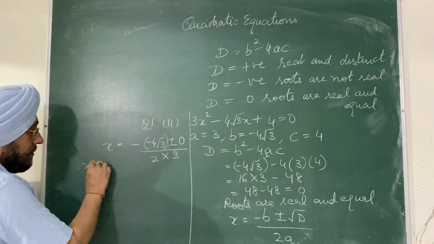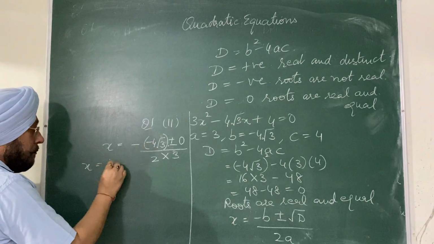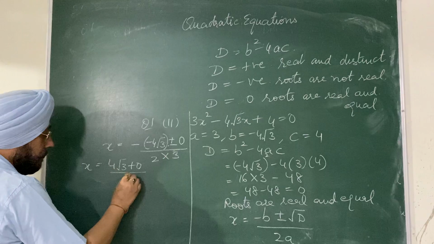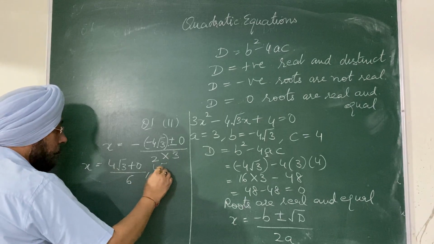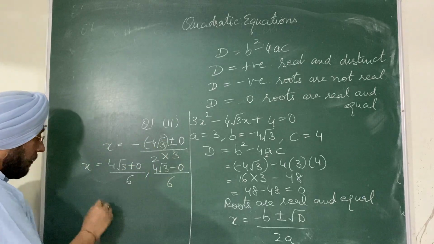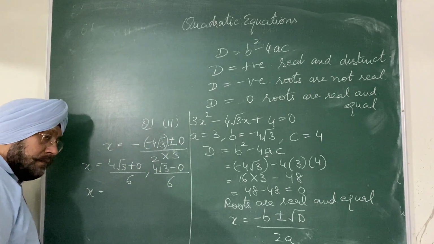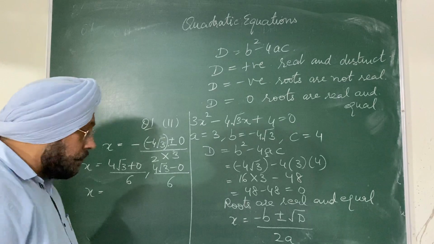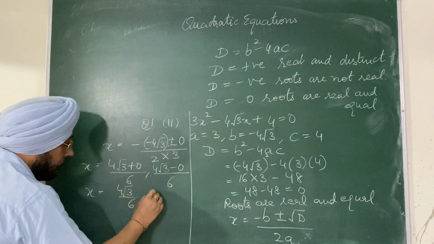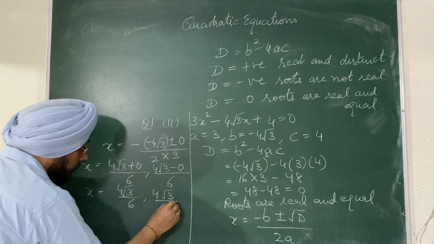So we get x equals minus minus becomes positive. So once we take positive 0, and second we have to consider the negative 0 since we have two signs here. So if we add 0 or subtract 0, the values remain the same.